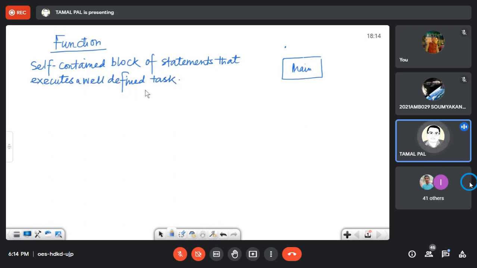So roughly we can characterize a function in this way: a self-contained block of statements that executes a well-defined task.